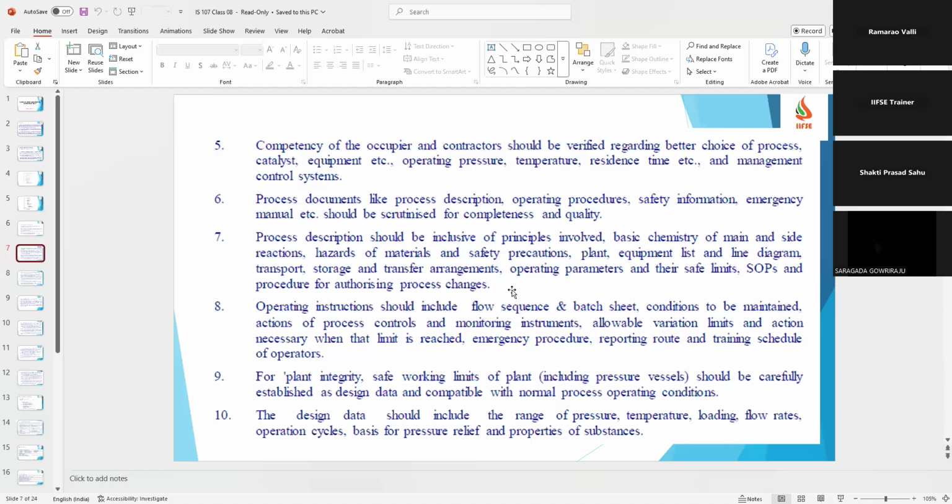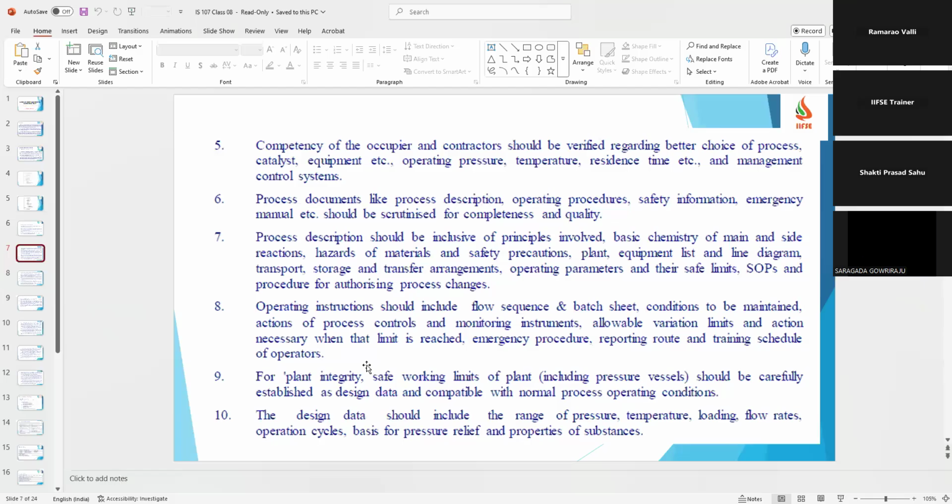So in case of any changes required, these SOPs and other procedures will be giving authorization, or they do a revision accordingly based on following these procedures. Then operating instructions should include a flow sequence and also a batch sheet, conditions to be maintained, actions of the process controls and monitoring instruments, allowable variation limits, and actions necessary when that limit is reached.